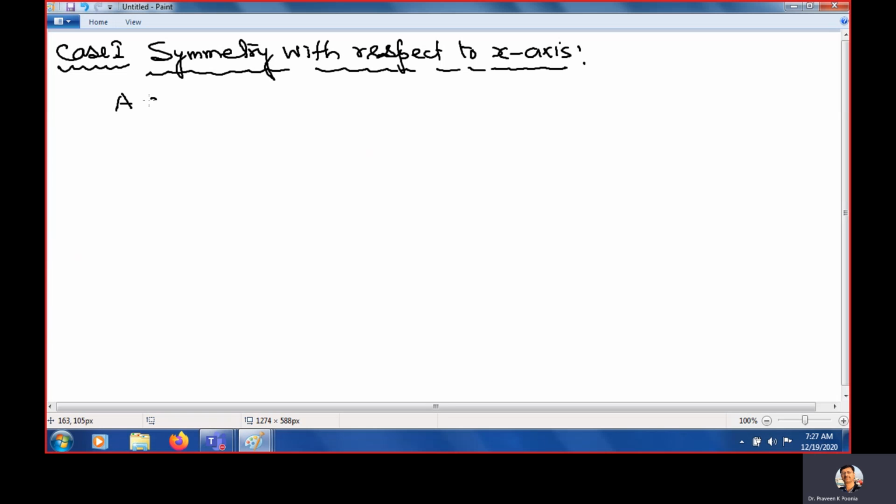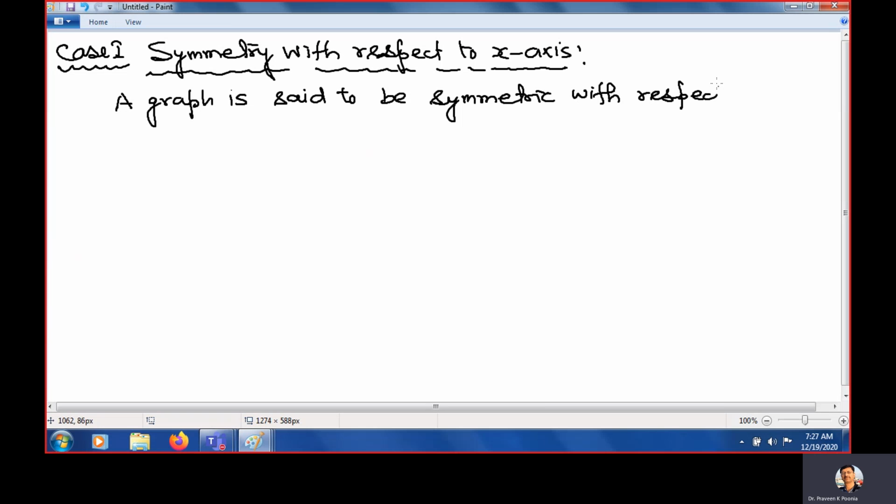A graph is said to be symmetric with respect to the x-axis if x, y, this is the coordinate, x, y is on the graph.